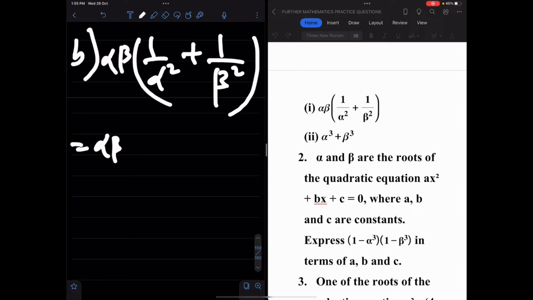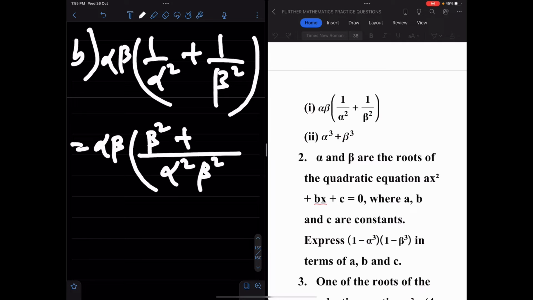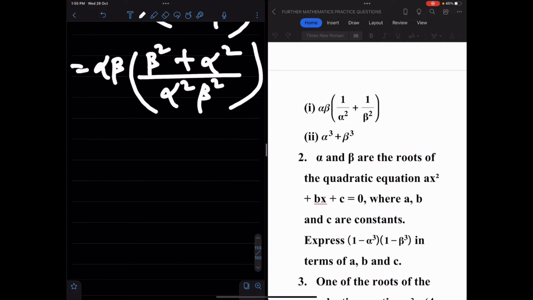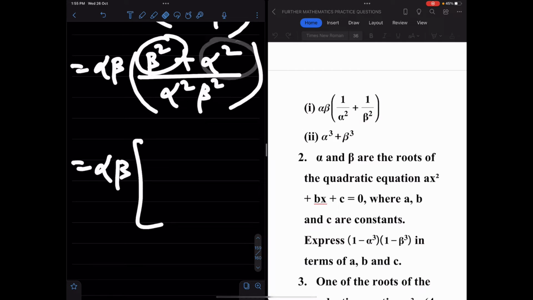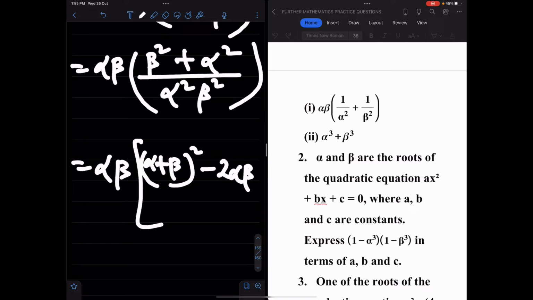This is the same as alpha beta into brackets, and the LCM is alpha squared beta squared. That's going to give us beta squared plus alpha squared, which is alpha squared plus beta squared, which is simply alpha plus beta all squared minus 2 alpha beta.